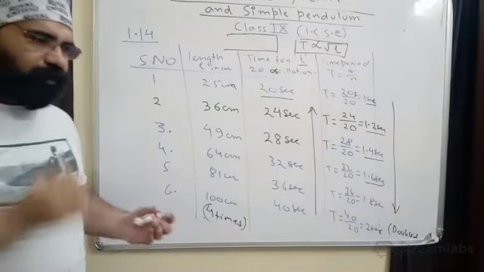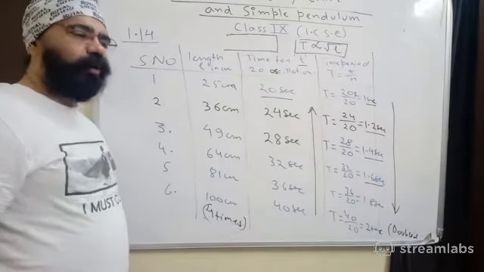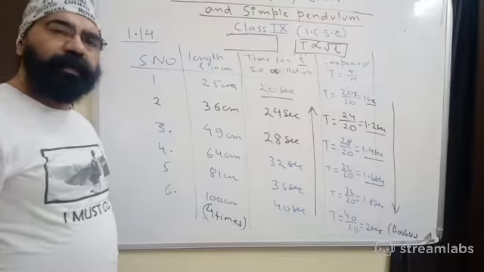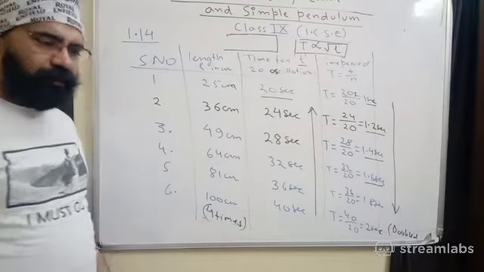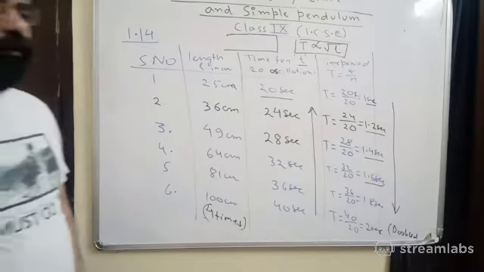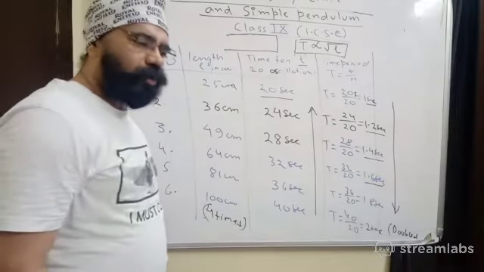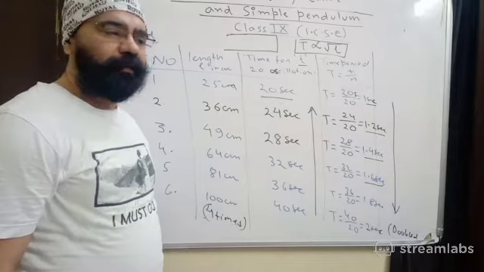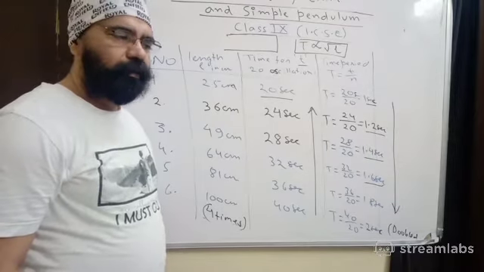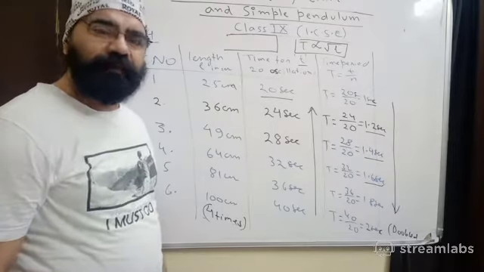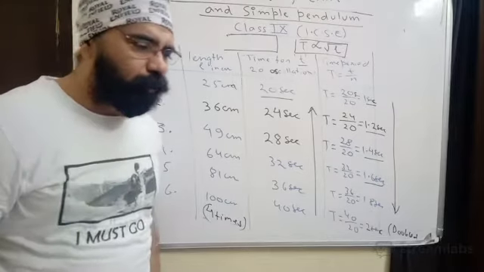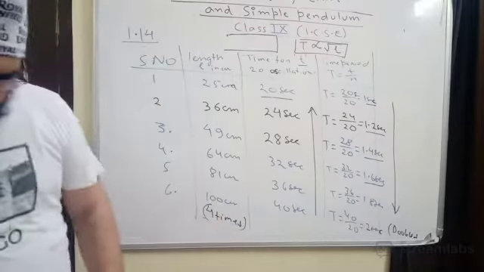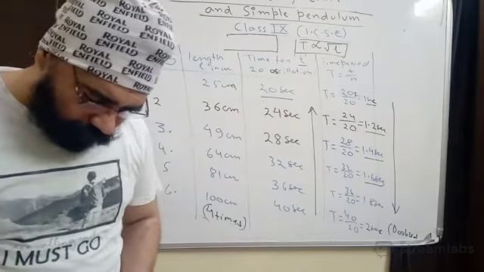Which means अगर length 4 गुना हो जाती है तो मेरा time period double हो जाता है. अगर मेरी length 9 गुना हो जाती है तो मेरा टाइम पीरियड 3 गुना हो जाता है. अगर मेरी लेंथ 16 टाइम्स हो जाती है तो मेरा टाइम पीरियड 4 टाइम्स हो जाता है. क्लियर शुभी? वेरी नाइस, यू स्मार्ट गर्ल, यू अंडरस्टैंड एवरीथिंग क्विकली.